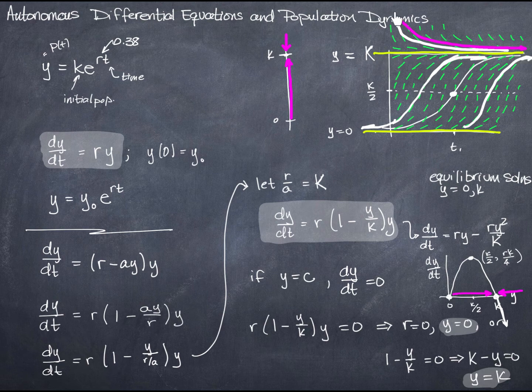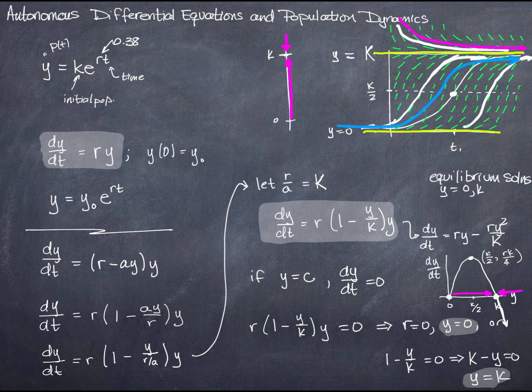So the entire solution exists in this interval. If I find a solution, different color pen here, that starts here and follows this path, then that solution will always only exist in the interval 0 to k, the entire solution, because k is an asymptote.